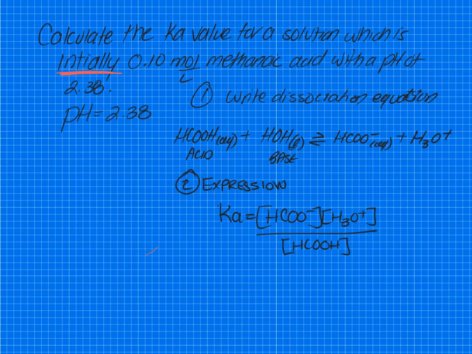Now this time we actually know the pH, so think about what that's telling you, right? That's telling us that we could figure out the hydronium concentration from that one. What would we do with that? Well, we're going to pretend like we don't know what methanoic's Ka value is, or we're going to see if it's close to what we think it should be on the table. So we're trying to figure out what this is this time.